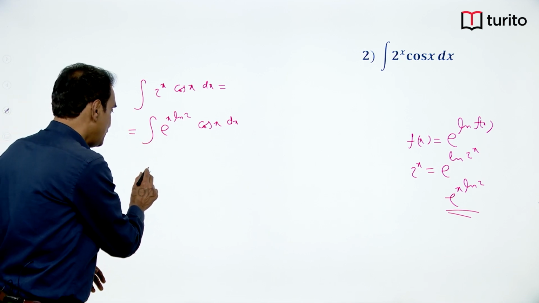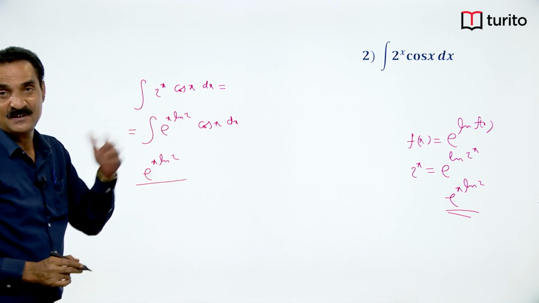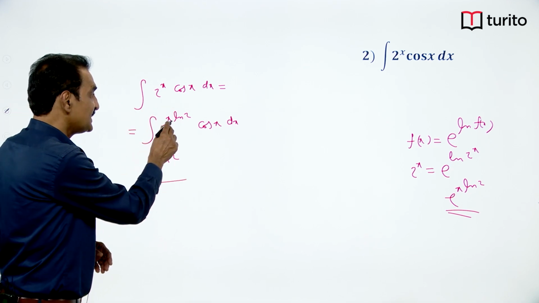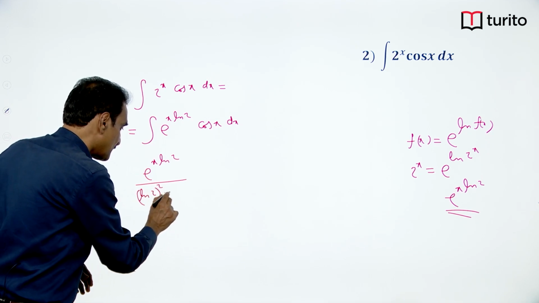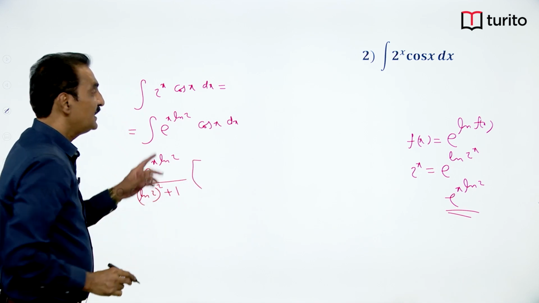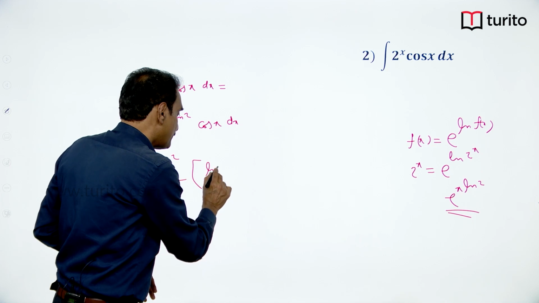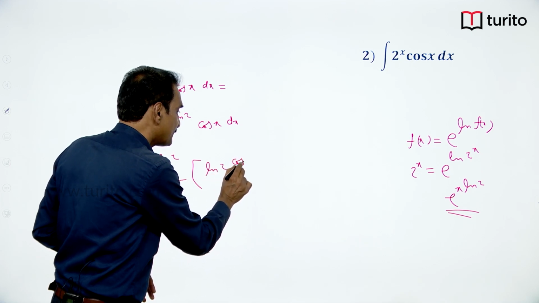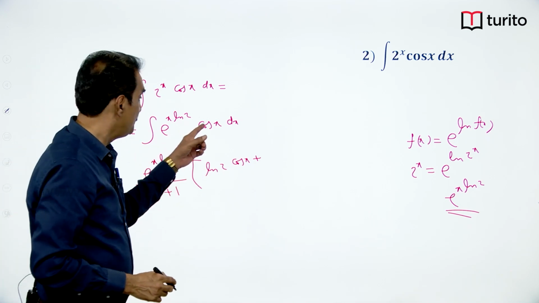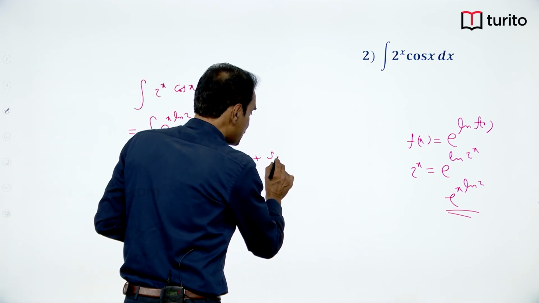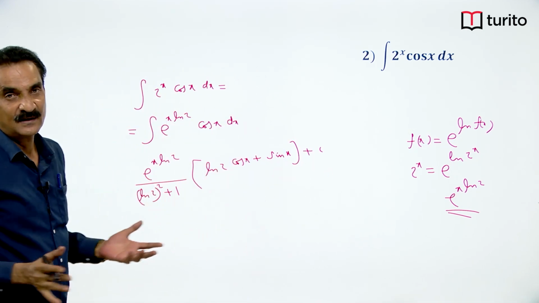Then what is the integral? e^(ax), which means e^(x ln 2), by a²+b². a²+b² is (ln 2)² plus 1, into a cos(bx+c), that is ln 2 into cos x, plus b sin(bx+c), b is 1, into sin x, plus c, that is all.